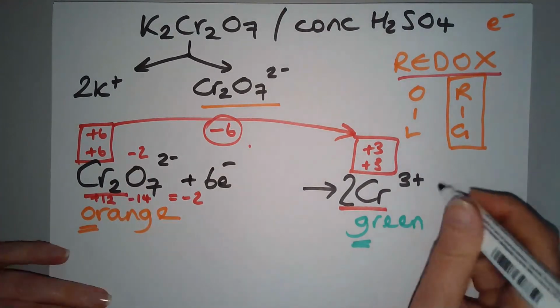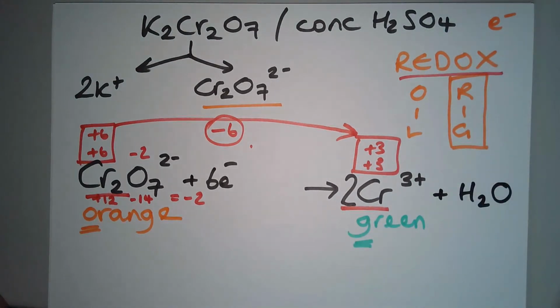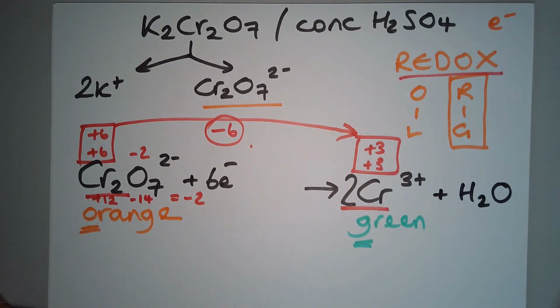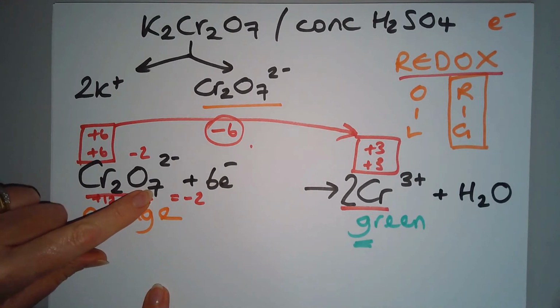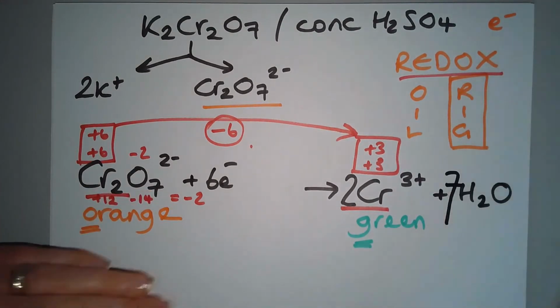And what we use here is water. Now you might think, well, why do we use water? Well, don't worry about that for now. It's going to be something that you'll have in your toolkit to help you to balance these more complex half equations. So we're going to put water on the right hand side, because we need 7 oxygens here, so we'll have 7 of them all together. I'll just squish that 7 in there.